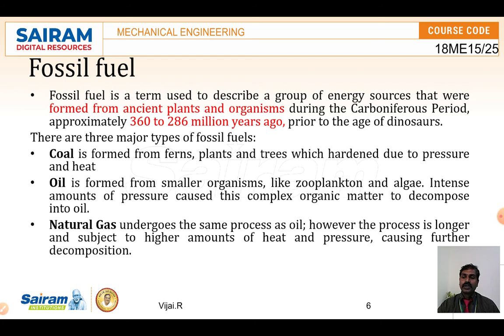Then what is a fossil fuel? We will say what a fossil fuel is. Fossil fuel comes from the carboniferous period, approximately 360 to 400 million years ago, when the natural sources, the plants and organisms, got buried.